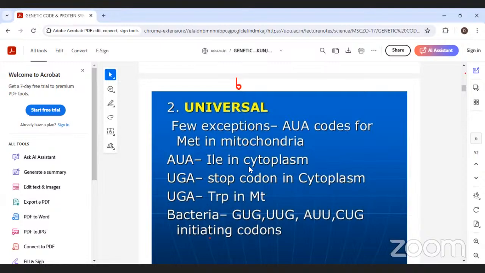Since then, a number of artificial RNA polymers have been synthesized containing every possible combination of the four bases, and they have been tested for their ability to synthesize protein in in vitro conditions.